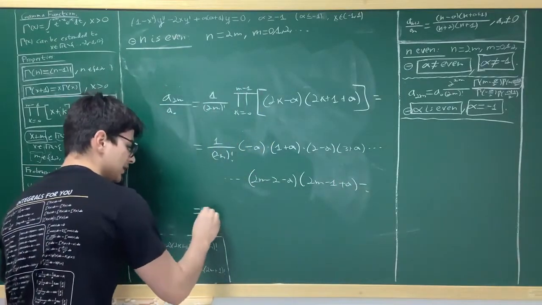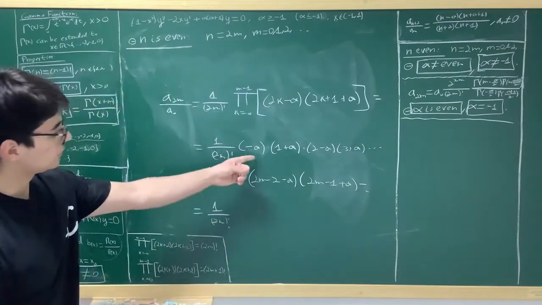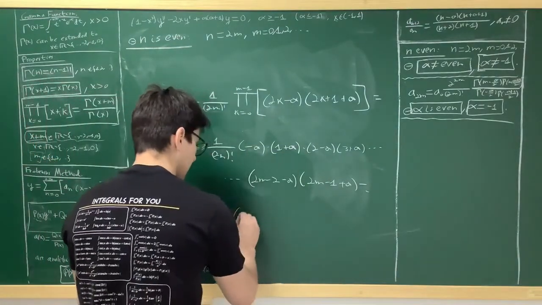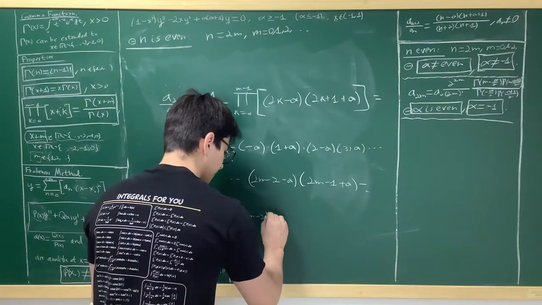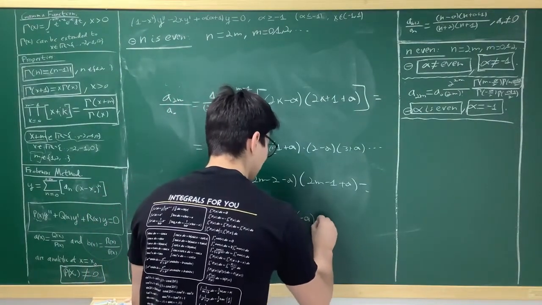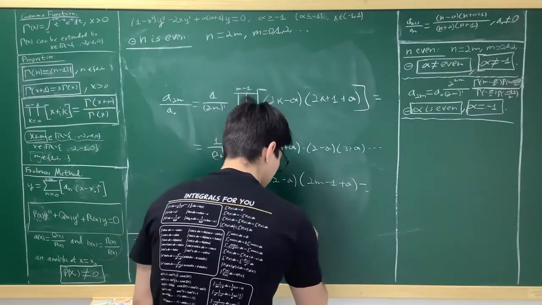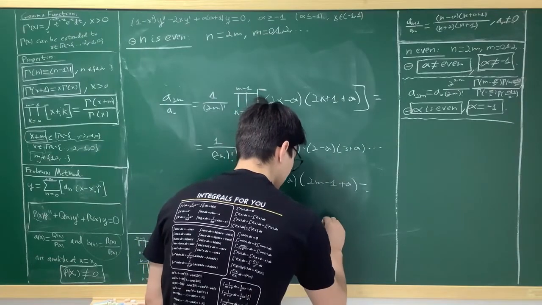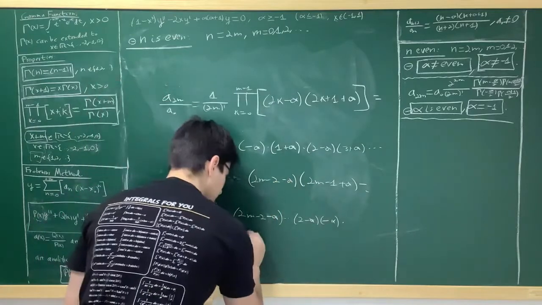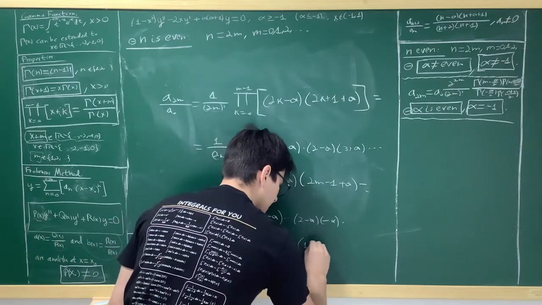We can rewrite this in a more friendly manner: put the minus alpha terms on one side and the plus alpha terms on the other side, and you get 2m minus 2 minus alpha, so on up to minus alpha, times 2m minus 1 plus alpha, so on to 1 plus alpha.